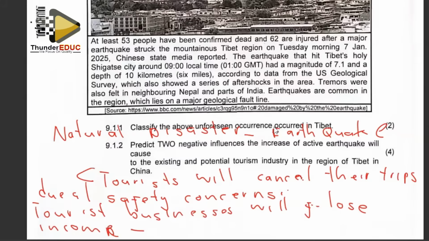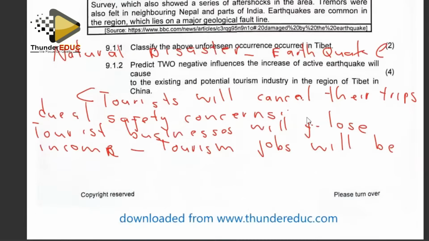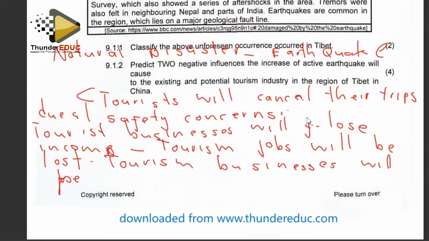In addition to that, tourism jobs will be lost. Tourism businesses can permanently close. Tourism businesses will permanently close. That is another fact which might happen there.